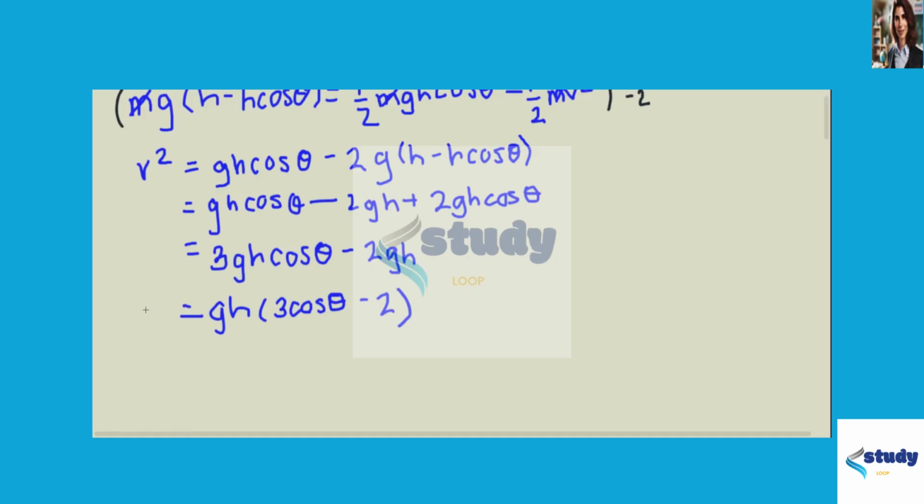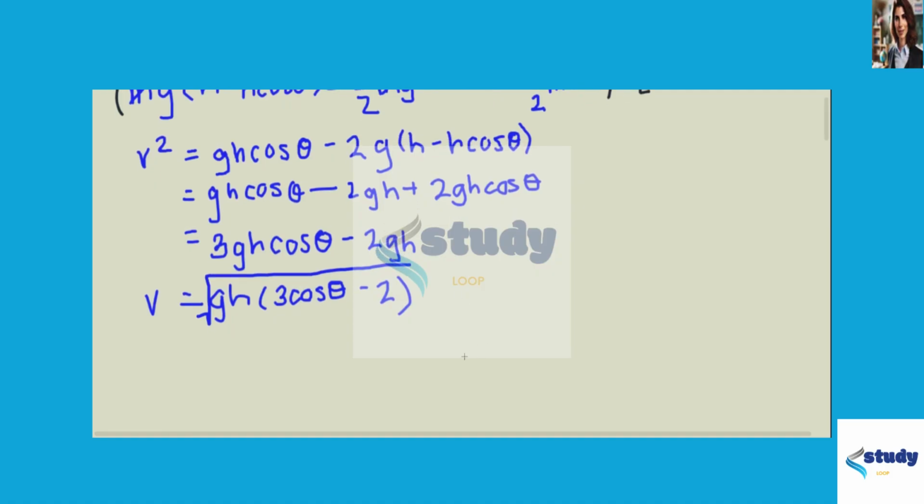And I'm going to take the square root of both sides. So we have v on the one end and the square root of that whole thing on the other. And we can go ahead and plug in our values.